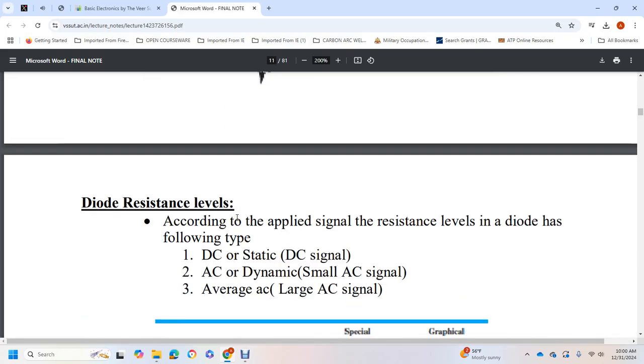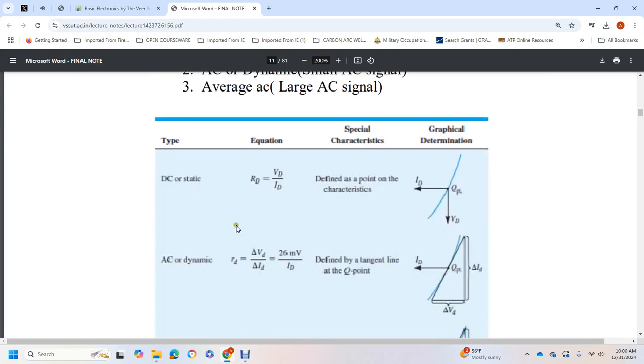Diode resistance level. According to the applied signal, the diode has the following types of resistance: DC or static resistance for a DC signal, AC or dynamic resistance for a small AC signal, and average AC resistance for a large AC signal. DC or static resistance is the diode voltage over the diode current, defined at a point on the characteristics.